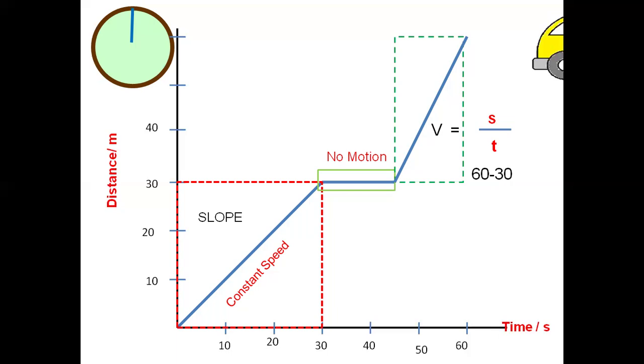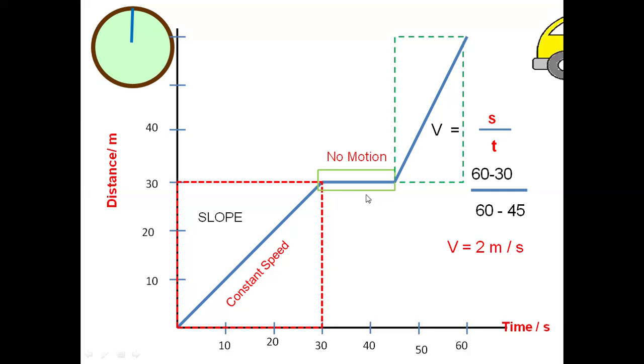We have to calculate the gradient of the next part. The maximum distance traveled is 60 meters and the starting point after returning is 30. So 60 minus 30 is the change in distance over change in time, 60 minus 45. Speed is 2 meters per second.